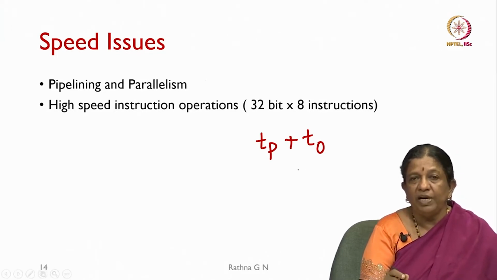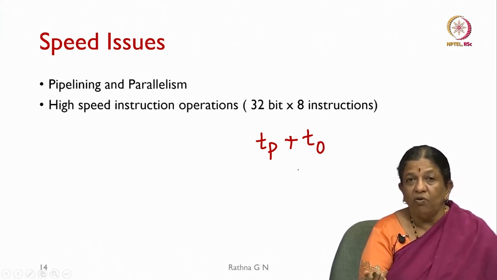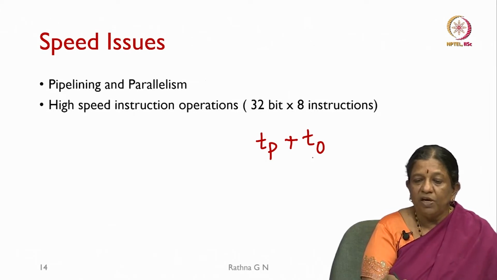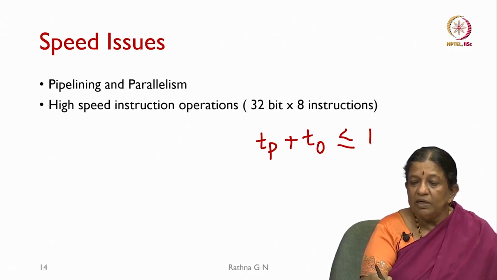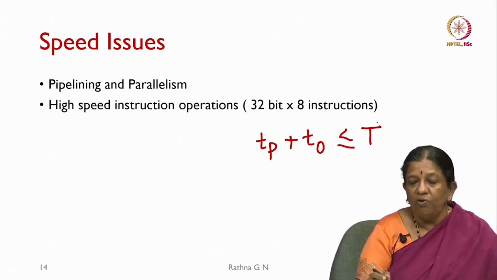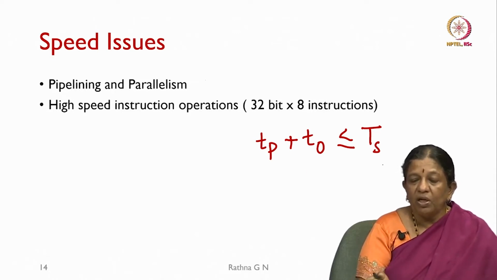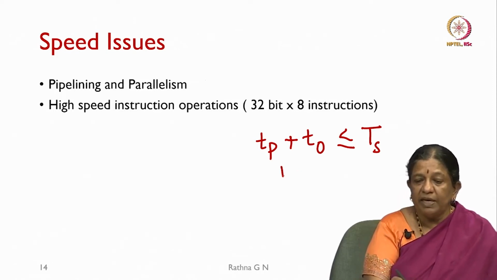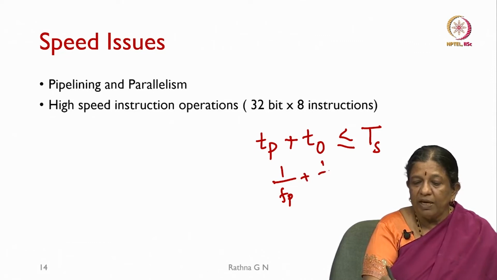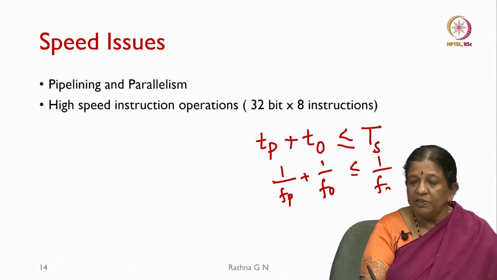We know that we have to get input and the output also has to go out, which we call TO, the time. This should be less than or equal to the sampling time, which we call TS, of the processor. When we talk in terms of frequency, I can write 1 by Fp plus 1 by Fo should be less than or equal to 1 by Fs.